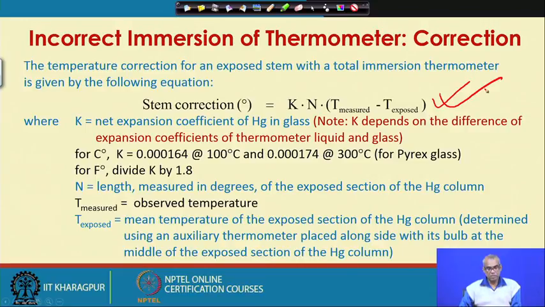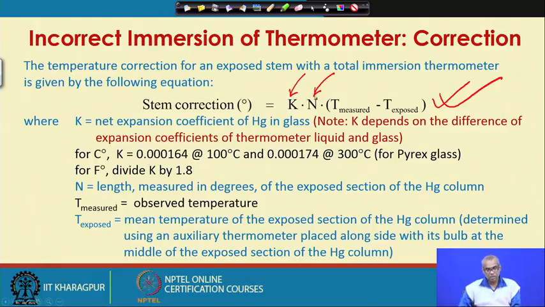For degree Celsius, K equals 0.000164 at 100 degrees Celsius and 0.000174 at 300 degrees Celsius for Pyrex glass. For degree Fahrenheit, you can divide these values by 1.8. So, K is described.